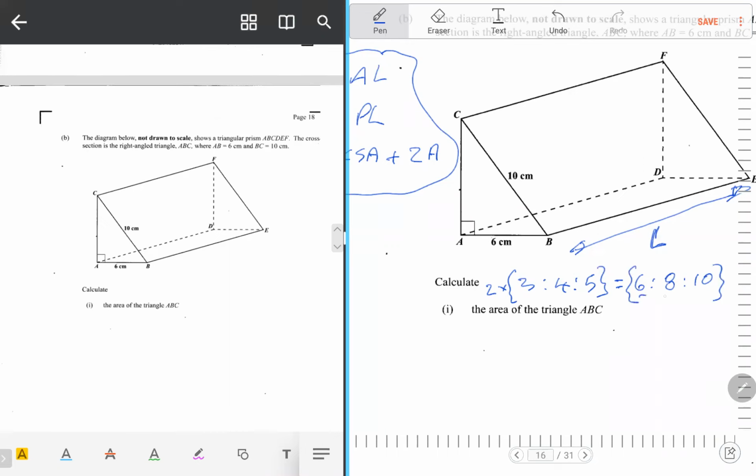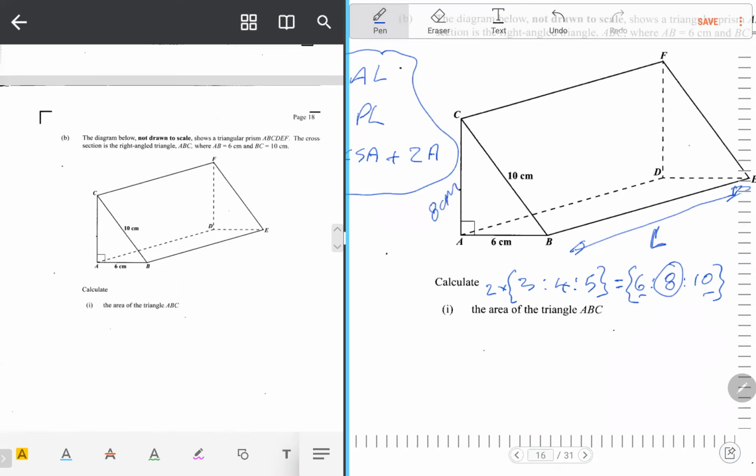So we have the 6 and the 10. 10 is the hypotenuse. The side that we don't have is 8. So this side that they didn't give us is equal to 8 centimeters.